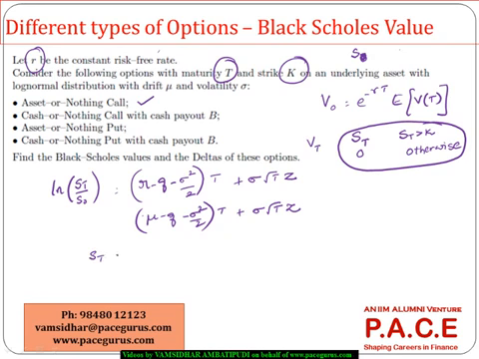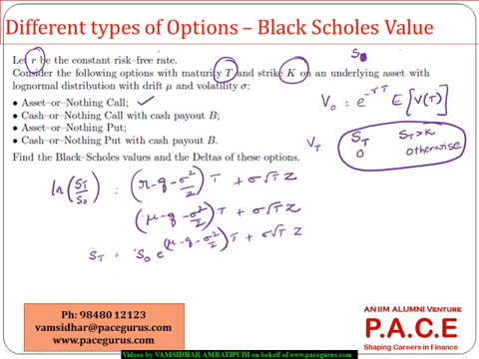So from here I get ST is S0 times e to the power of (mu minus q minus sigma squared by 2) times T plus sigma root T times Z.